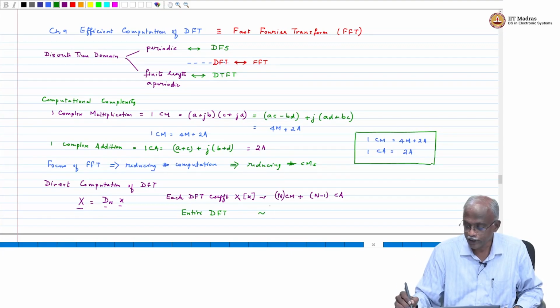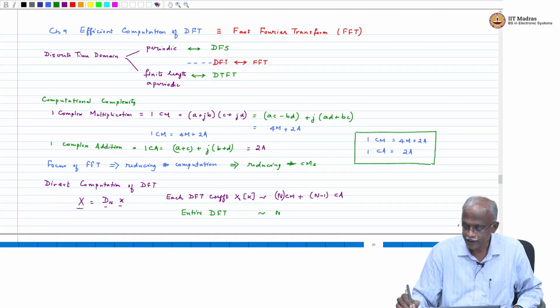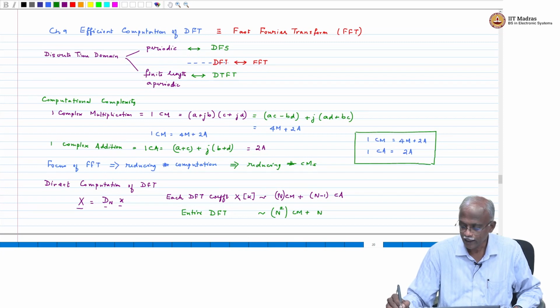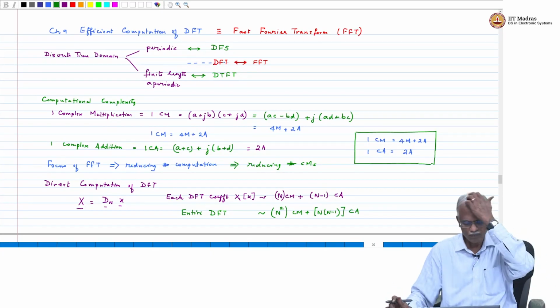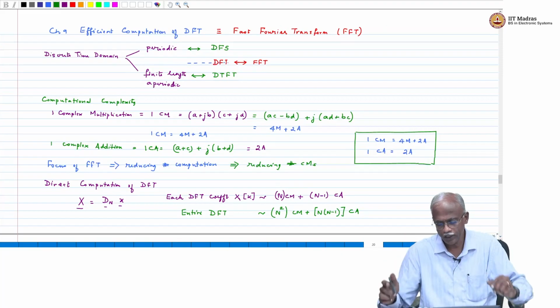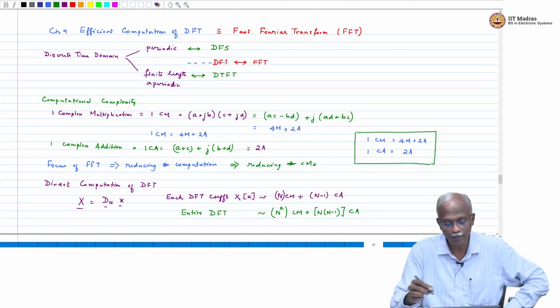The total number is whatever is here multiplied by n. So what we get is of the order of n squared complex multiplies plus n into n minus 1 complex additions. Okay, and you look at it in the context of the complex multiplies.